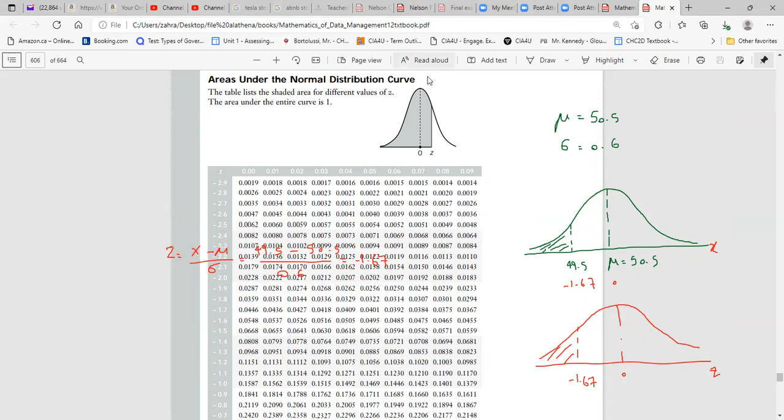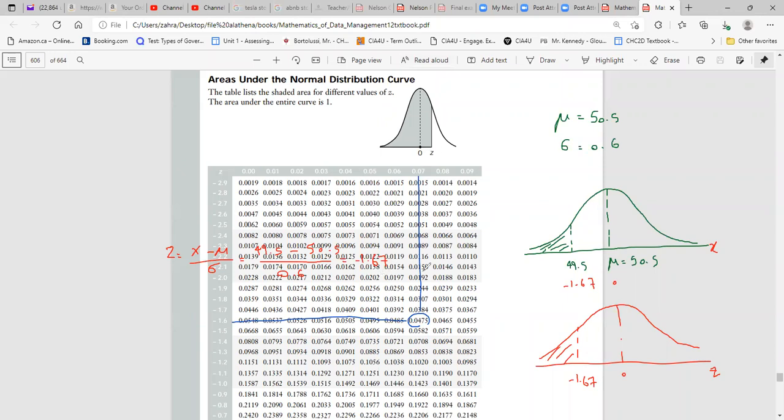So I'm going to make sure you get this. Here is 0.6, here is negative 1.6. Oh, actually 7, I have to choose this. This will be negative 1.67.